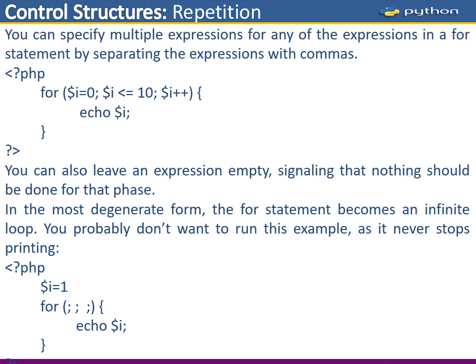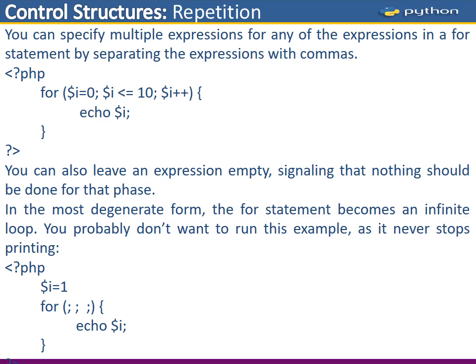Starting with the example code, we begin with the PHP opening tag and the for statement. Inside the brackets we have $i equals 0, then $i less than or equal to 10, each part separated by a semicolon.